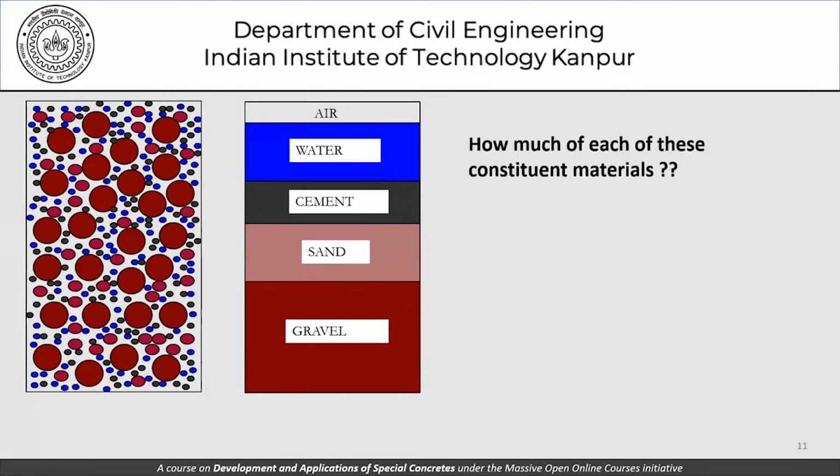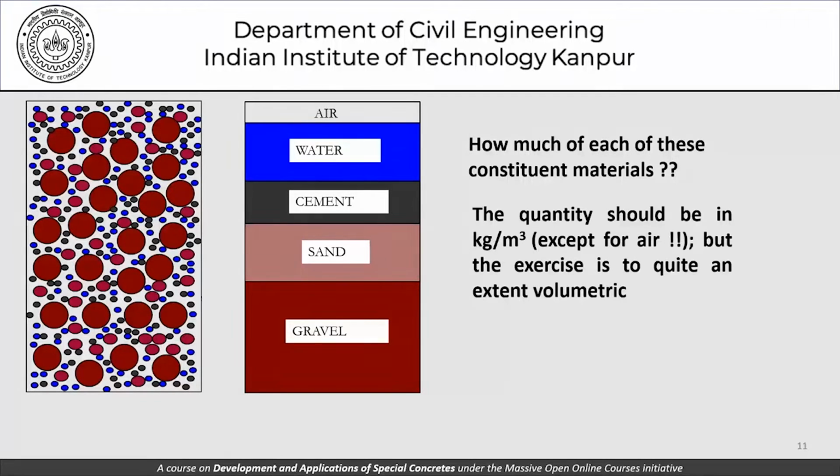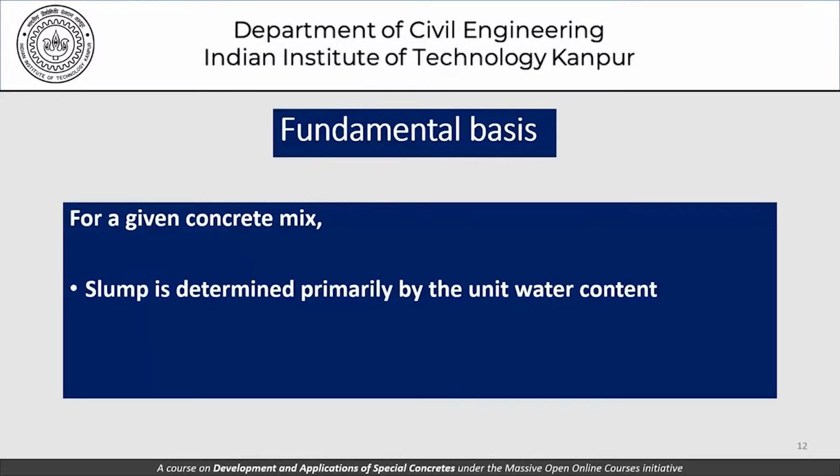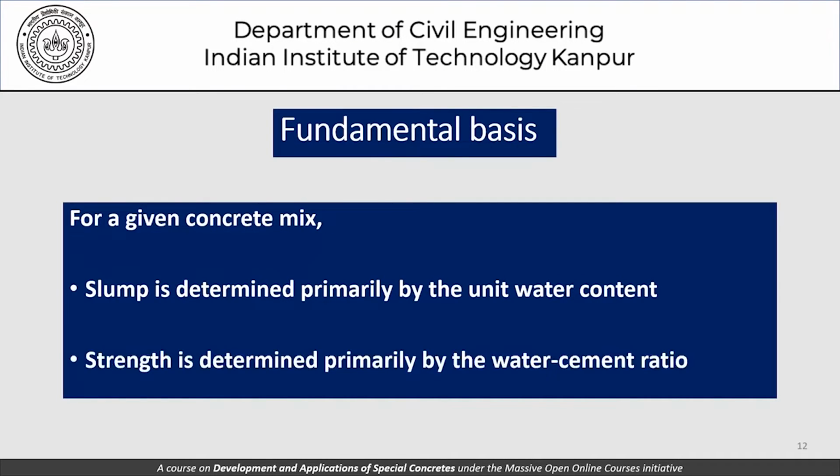Basically, we are trying to find out how much of each of these materials we need to add. We'll try to get the quantities in kgs per cubic meter, except for air, and the exercise to quite an extent will be volumetric. For the fundamentals, the slump is determined primarily by the unit water content. We already talked about it. Its strength is determined primarily by the water cement ratio. We've talked about this as well.